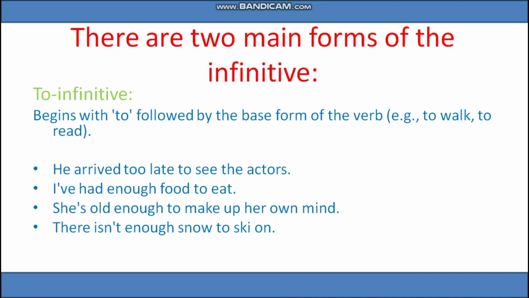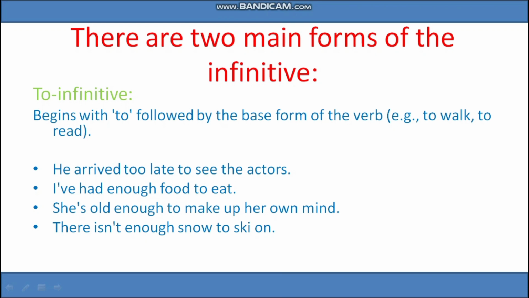For example, to walk, to read. That's what I had already told you in the beginning, that the infinitive can begin with to or without to. Got it? And it will be used accordingly, like a noun. You can say subject or object in a sentence, or it can be used in the form of a phrase. Got it?